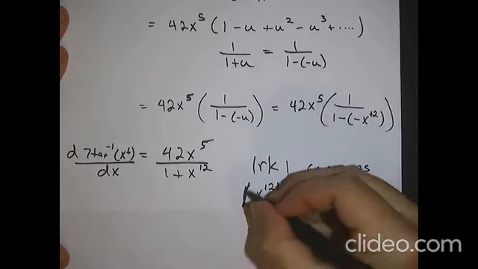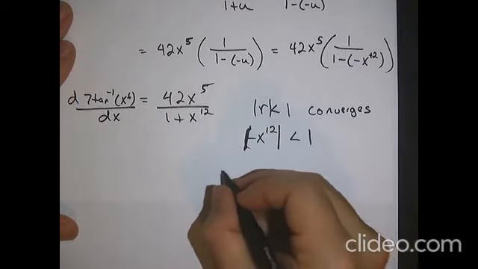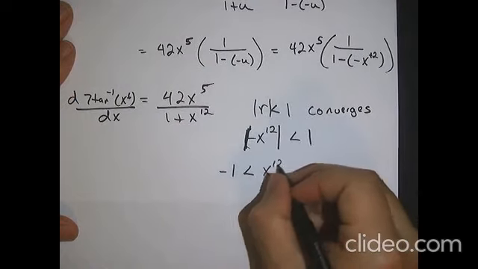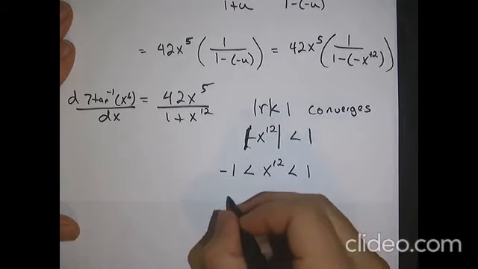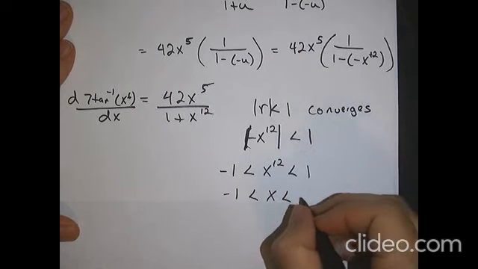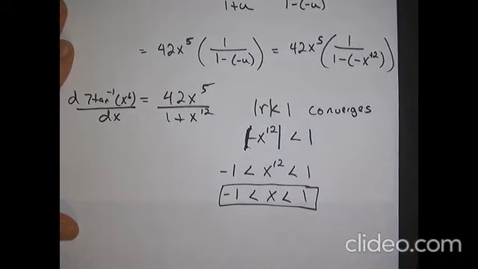Given that, we know negative 1 is less than x to the 12th is less than 1, and then taking the 12th root, you still get negative 1 is less than x is less than 1. And that is where it is going to converge.